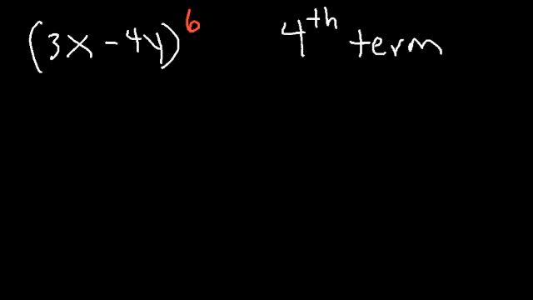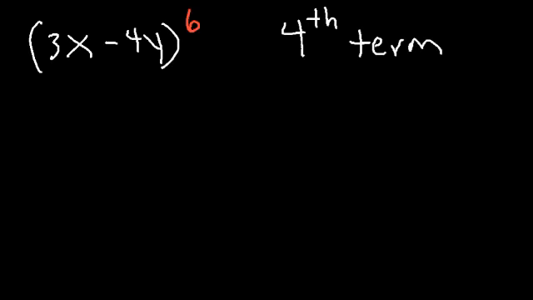Now here's another question for you. Let's say we have 3x minus 4y raised to the 6th power. Now what I want you to do is find the fourth term and also determine the coefficient of the fourth term. How would you do it? So we're going to do it two ways.